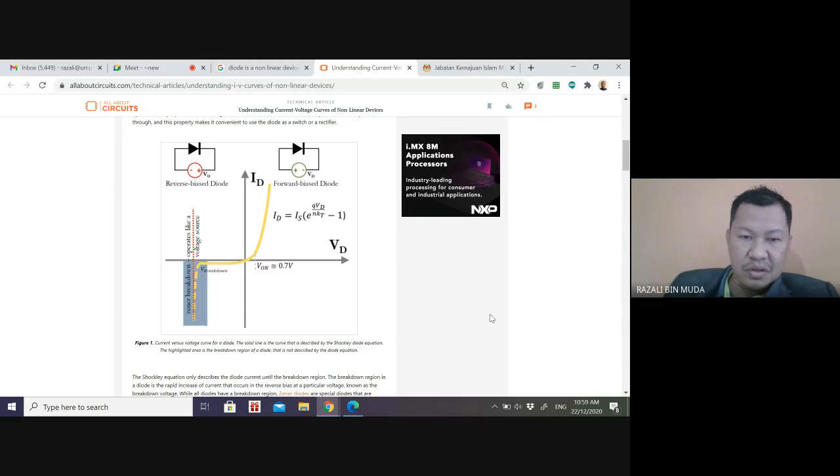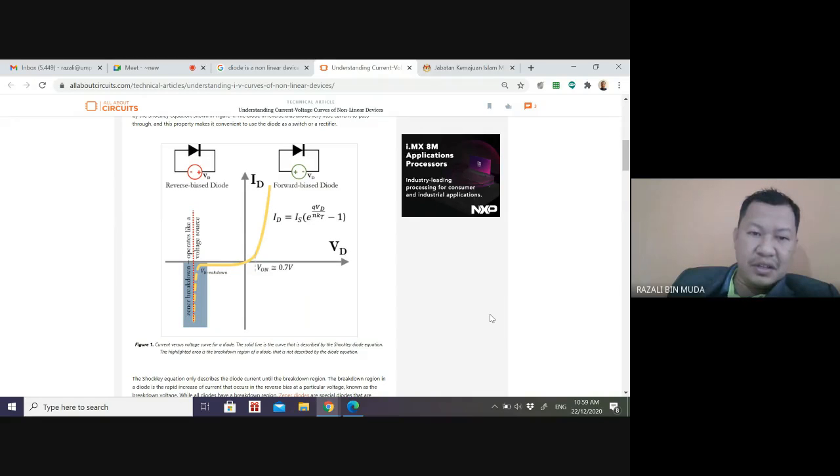Okay, but if you exceed the V on here, around 0.7 volt, then the current suddenly increases. It's not proportional to the voltage. If proportional, then it should be a straight line. Likewise, in reverse bias, reverse means you change the polarity of the battery of the supply. If you apply voltage, there is no current.